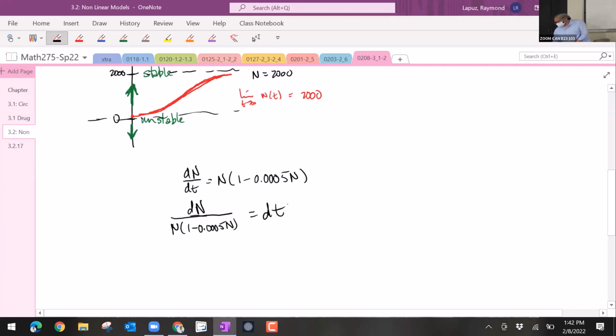Now what? How do you solve for this integral? We're going to integrate both sides here. Well, the right-hand side is going to be t plus c.